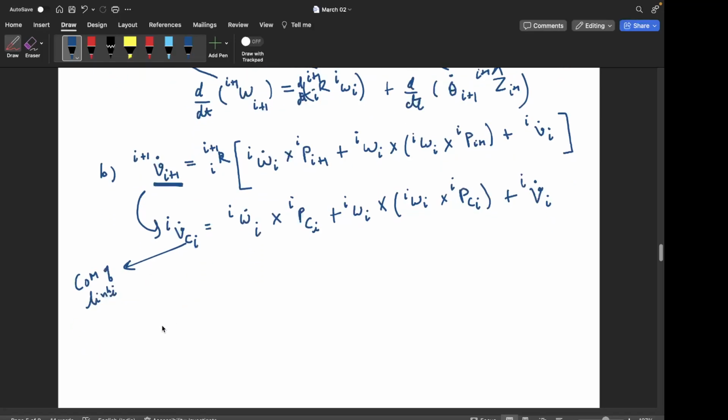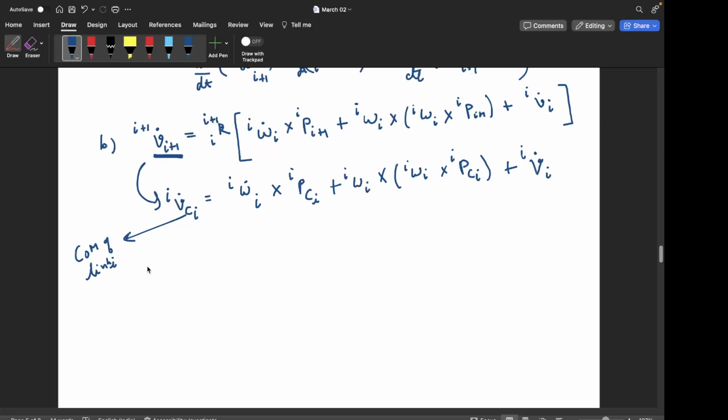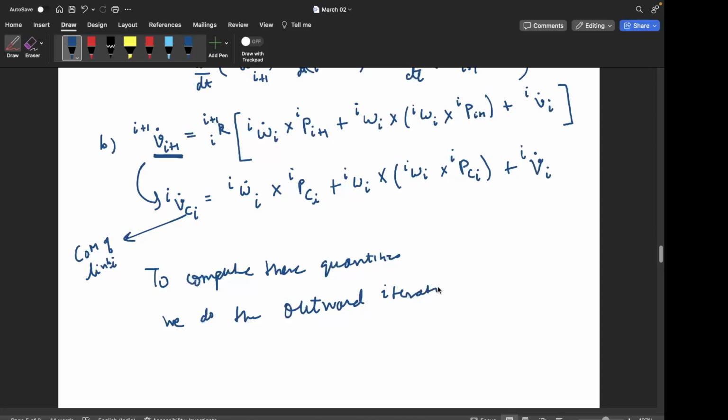And to compute these quantities, we do the outward iteration. Okay, outward iteration.